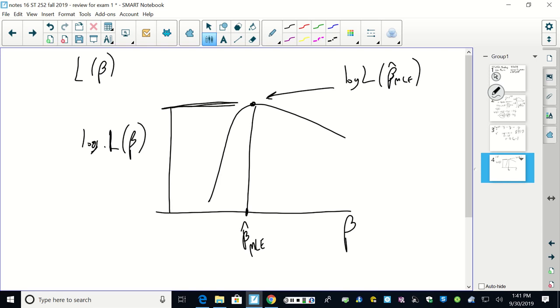The other thing you can illustrate with maximum likelihood is that the derivative at this point, the derivative of log L of beta with respect to beta, is 0. That's where the tangent line is flat and it's a maximum.